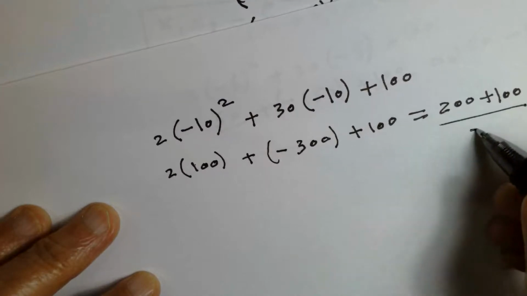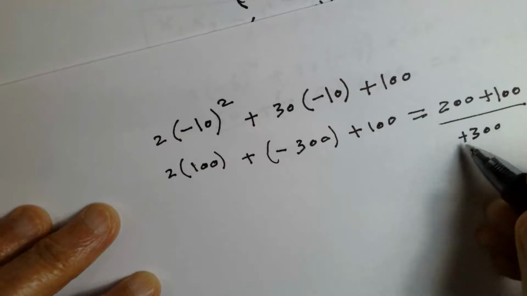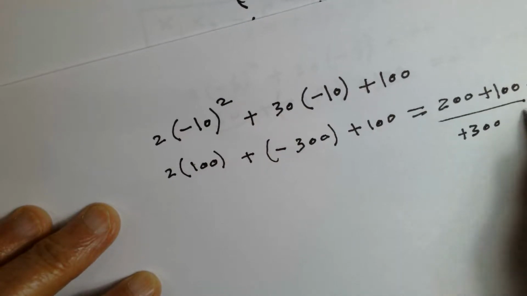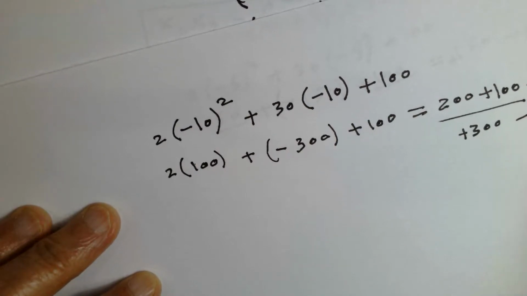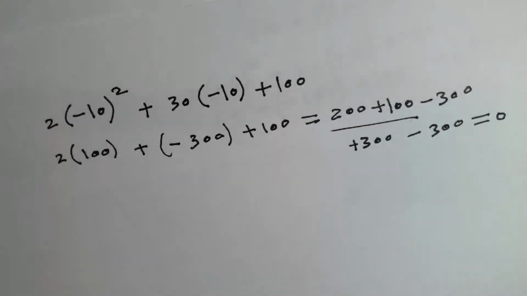These two make 300 positive. And you have here minus 300 negative, that's equal to 0. So minus 10 also worked in our example, and it works in any other example that we may have.